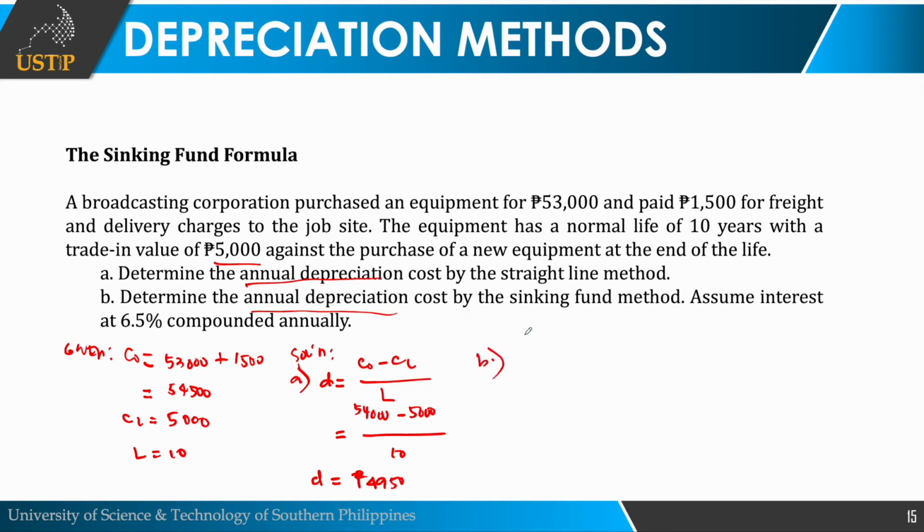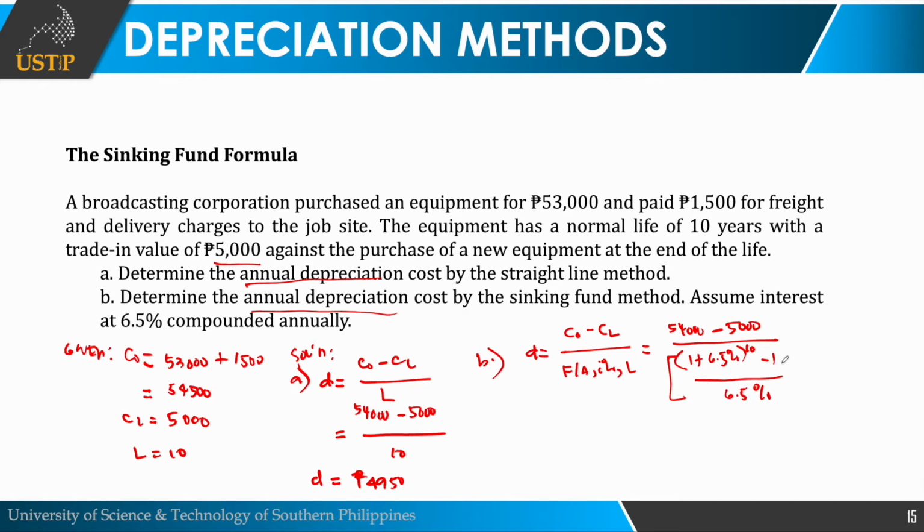And using the sinking fund formula, it has the same numerator, original cost minus salvage value, but that is divided by F given A at i% for L periods of time. So, that is 54,500 minus 5,000 over, with the given interest of 6.5%, 1 plus 6.5% raised to L, which is 10, minus 1, over 6.5%.